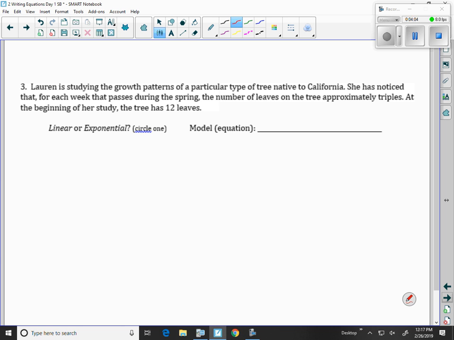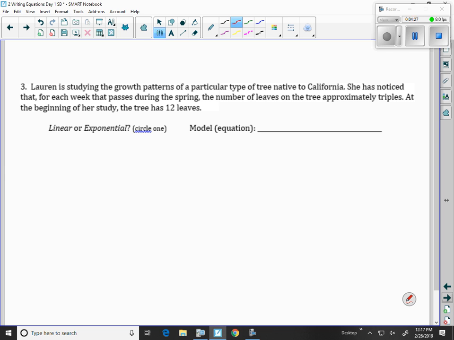All right, number 3. Let's listen up, please. Lauren is studying the growth patterns of a particular type of tree in California. She has noticed that for each week that passes during the spring, the number of leaves on the tree triples. At the beginning of her study, the tree has 12 leaves. What do you think?